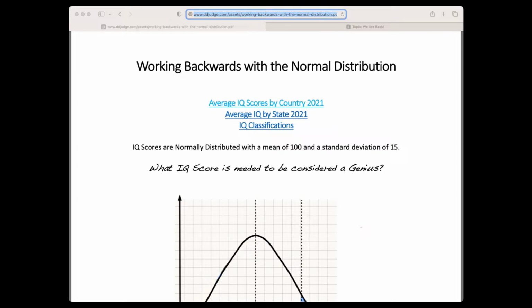All right, so I'm getting this sheet here, and I'm going to enter this in Notability. There it is. So we have it here now.